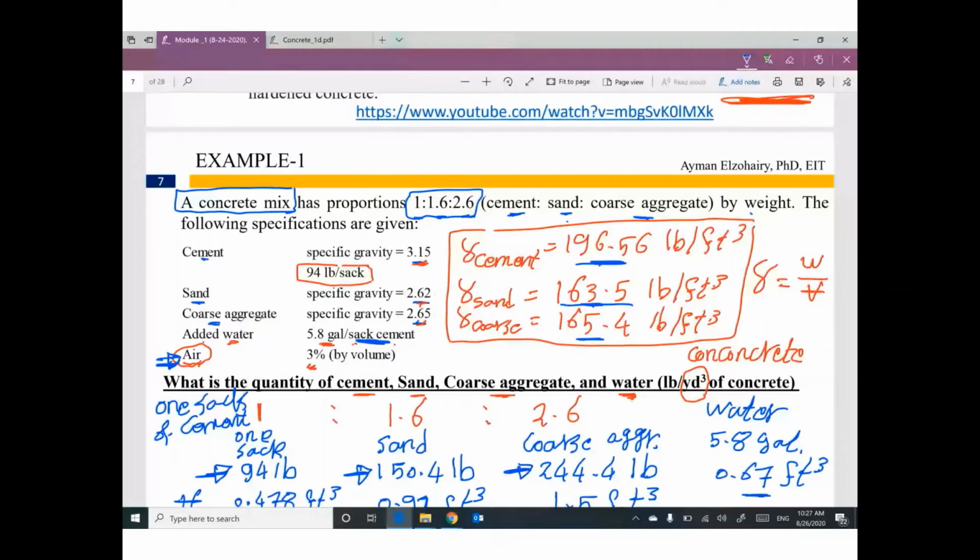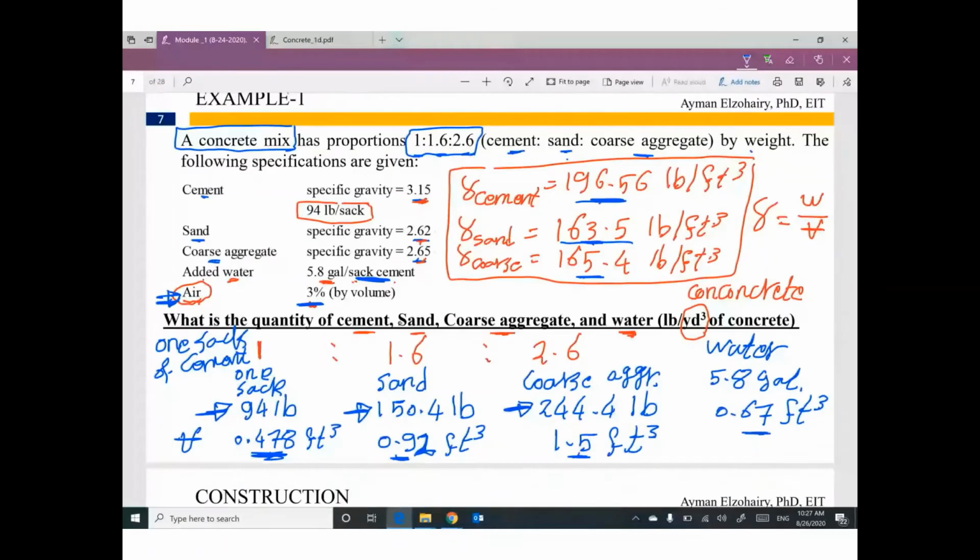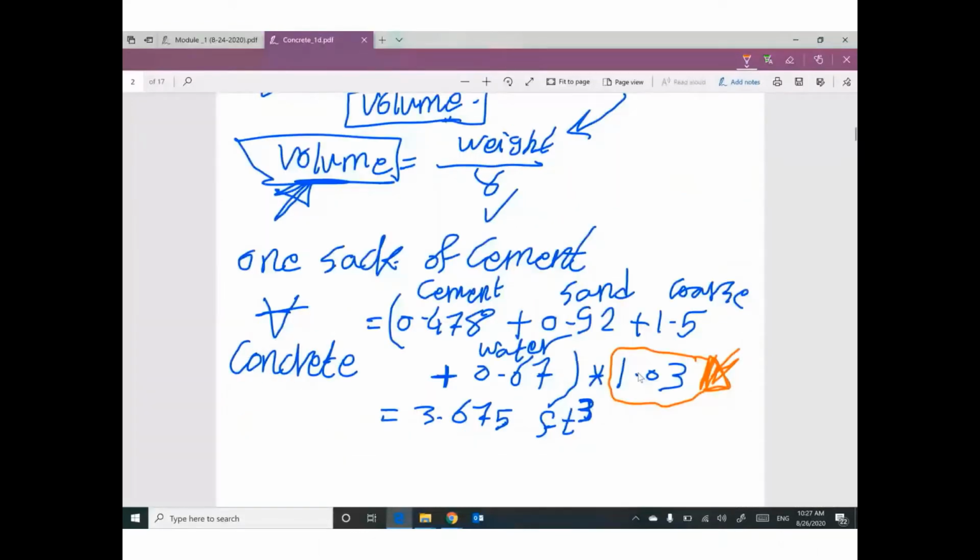So after you add these volumes together, you can expect 3% more volume due to the air component. So I multiplied the total volume of these ingredients by 1.03. That means I added an extra 3% of air.